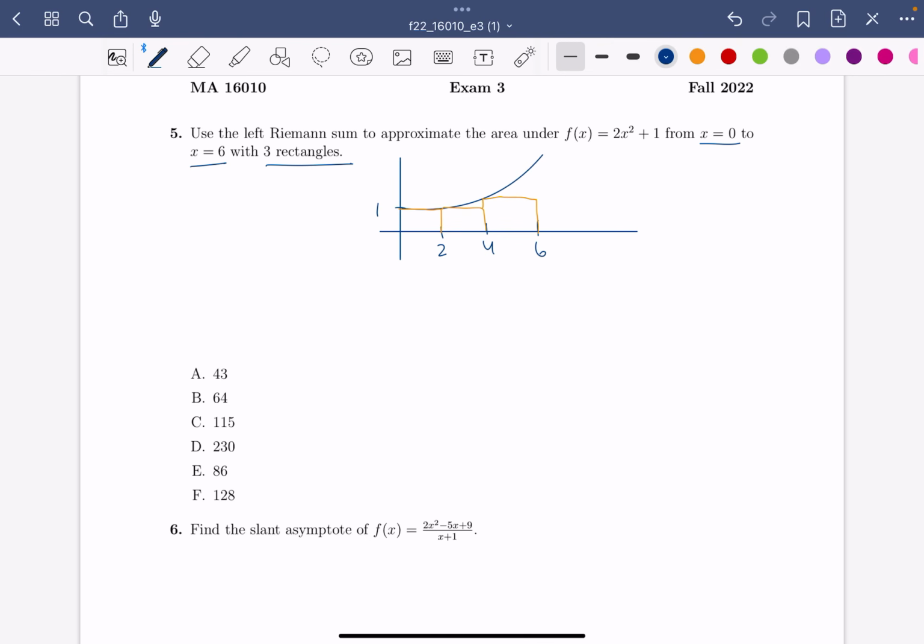So this drawing shows that we need to find what y equals at x equals 0, x equals 2, and x equals 4, because for those respective rectangles, that's where they touch the curve at those specific points.